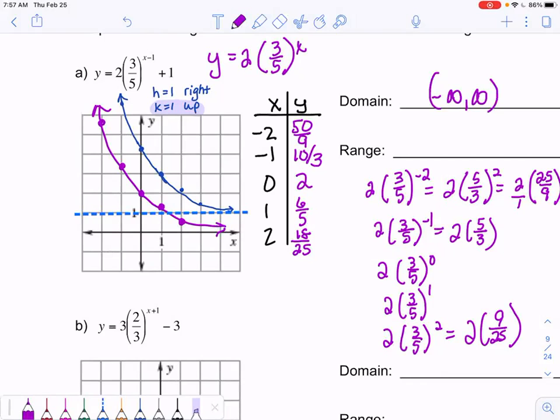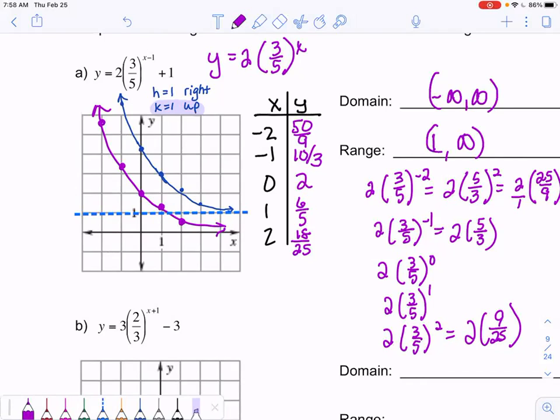My dashed horizontal line here, where's that at? 1. So it starts at 1 and it goes up. Remember, when you're looking at a graph, you're looking at the bottom point. How high up does it go? So even though this graph is going down, the range still starts at the lowest point and goes up. Questions?